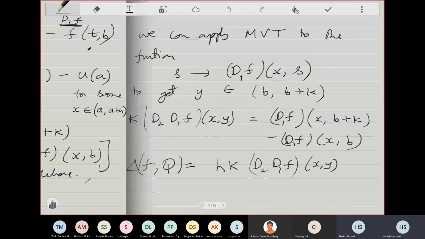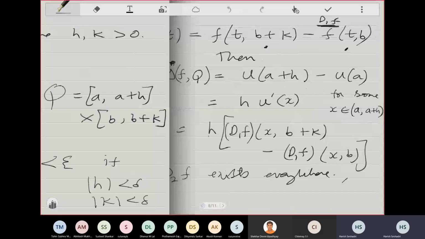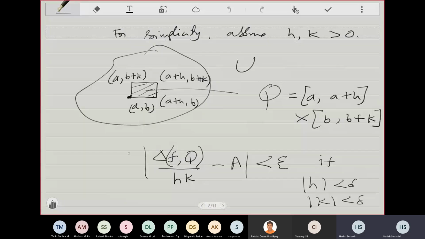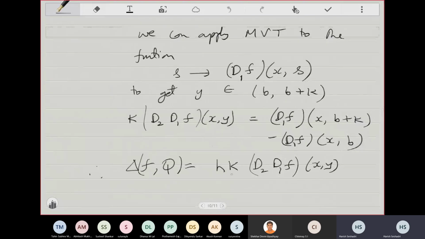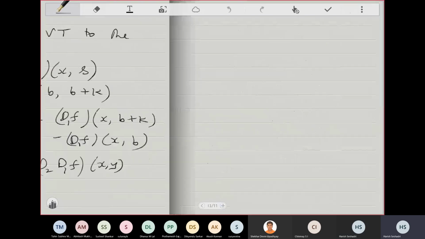Well, why did we even start looking at this? Because we had started with this expression. We wanted to show this delta f q divided by hk minus a. What we end up with, so we have found that delta f q is hk times something. Therefore, the hk cancels off.